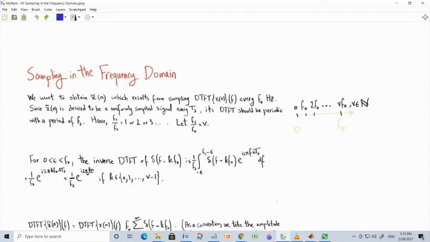But there is a price to be paid. If you truncate your summation, it's as if you multiply your signal in the time domain by a window, a signal with finite support from small n equals 0 to small n equals big N minus 1. When you do so, the spectrum is convolved with the spectrum of the window.